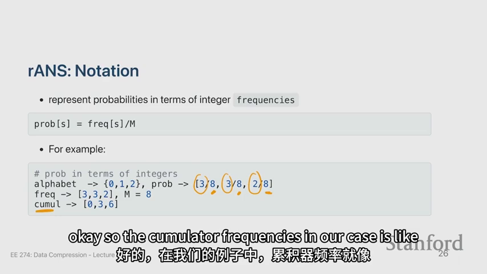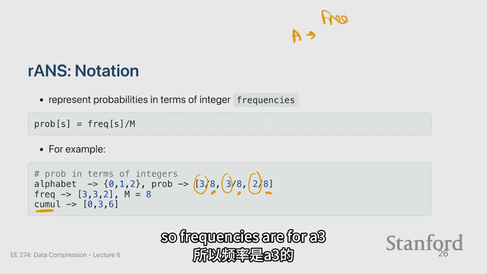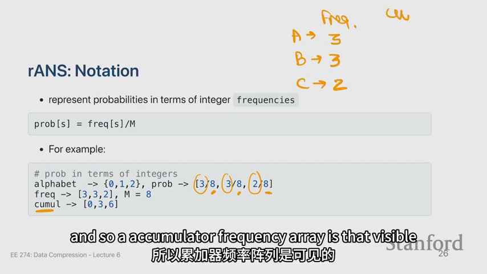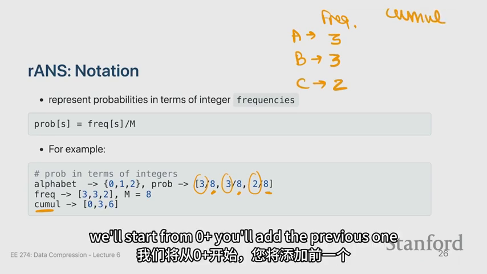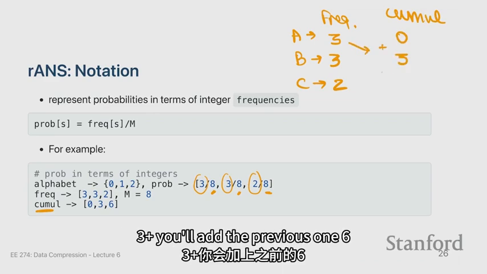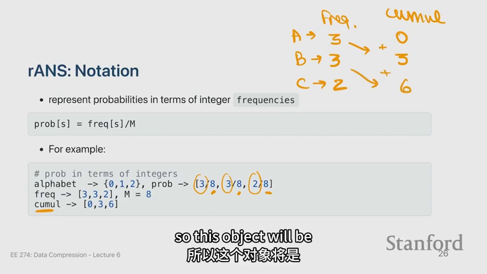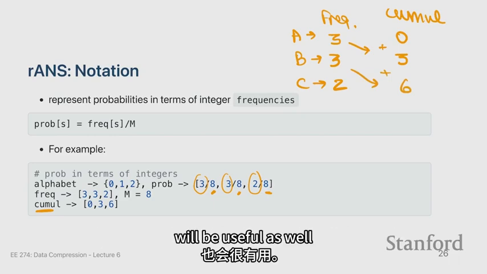So the cumulative frequencies in our case: frequencies are 3 for A, 3 for B, 2 for C, and so the cumulative frequency array, is that visible? Yeah, okay. It'll start from 0, plus you'll add the previous one, 3, plus you'll add the previous one, 6. So just summing the frequencies up till that point. So this object will be useful as well.